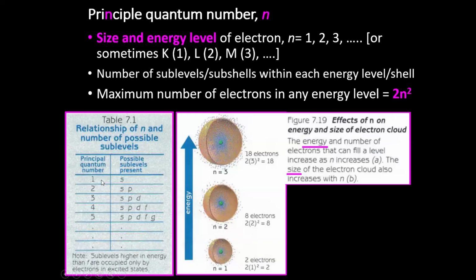Also, more sublevels will fit in each energy level as you go up. The first level only has one sublevel, and the next level, principal quantum number 2, has 2 possible sublevels, and it can hold a total of 8. Then the third principal quantum number can hold 3 sublevels, and the fourth one can hold 4, and so on.